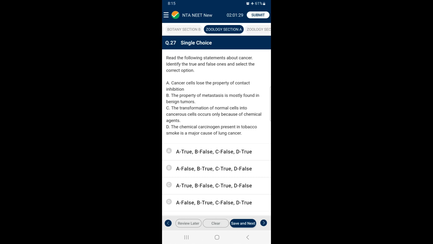C, the transformation of normal cells into cancerous cells occurs only because of chemical agents. That is also false. D, the chemical carcinogen present in tobacco smoke is a major cause of lung cancer. That is true. So the answer is option A. Statements A and D are true, B and C are false.